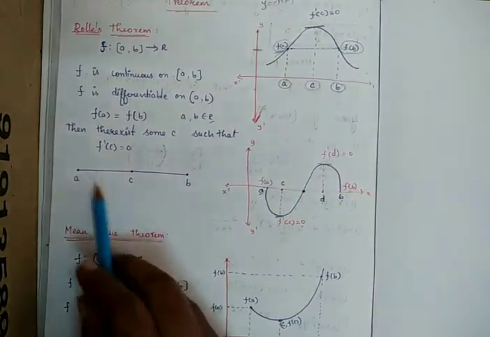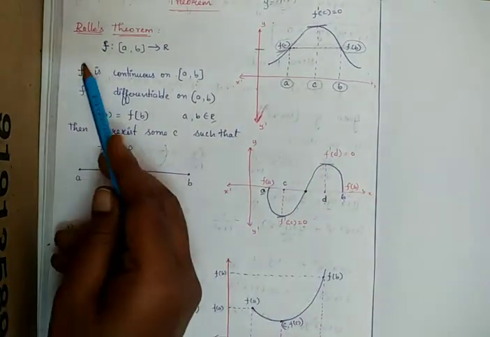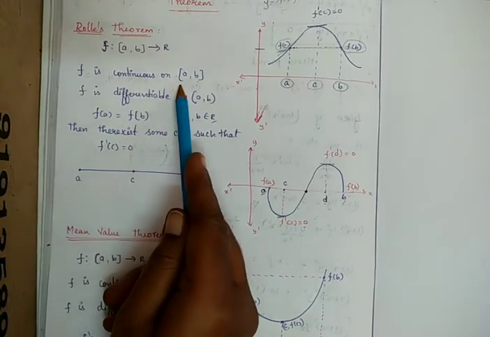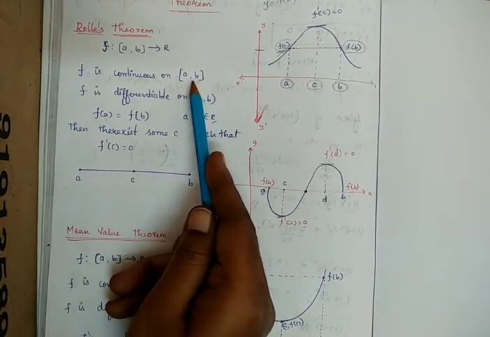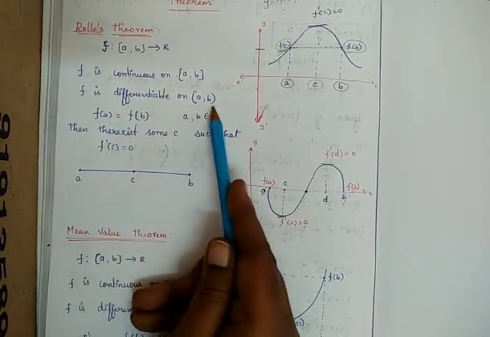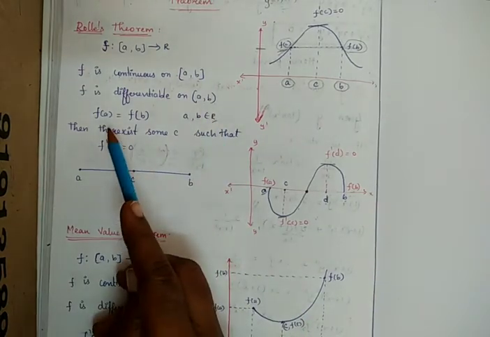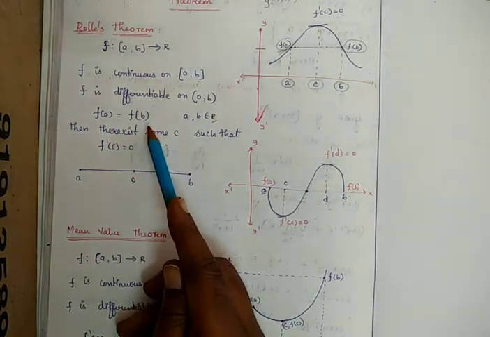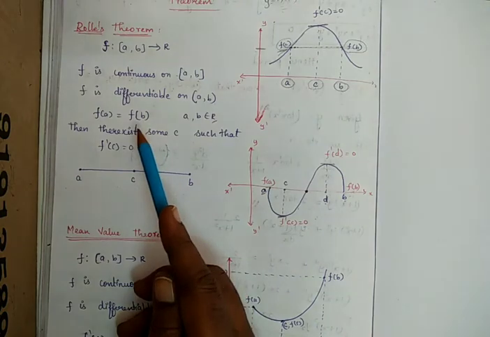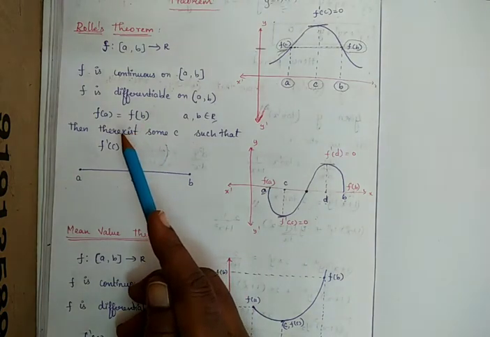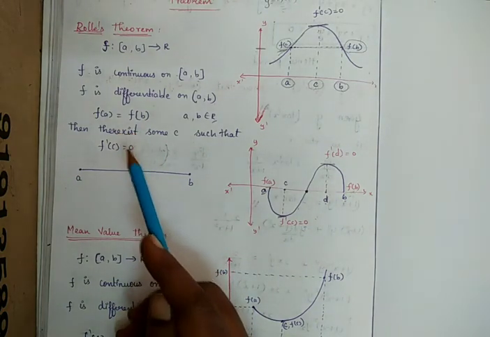Now this is what Rolle's theorem states. The function is continuous in the closed interval [a, b], the function is differentiable on the open interval (a, b), and f(a) is equal to f(b), then there will be a point where the derivative will be 0.